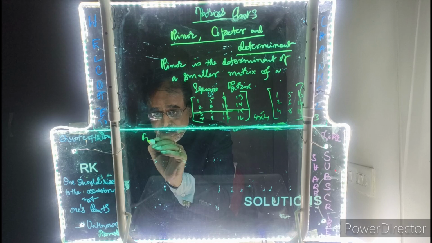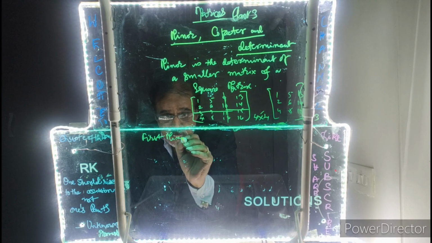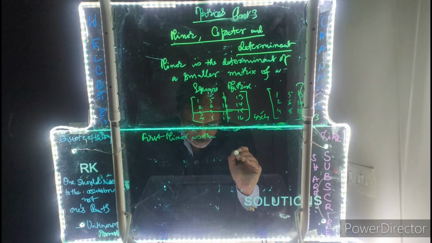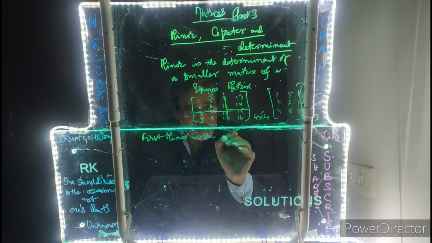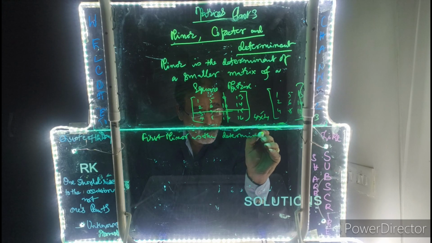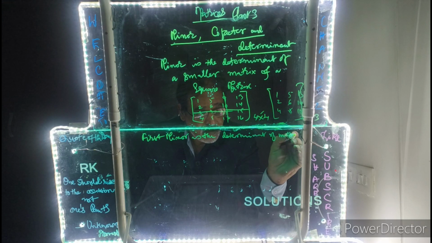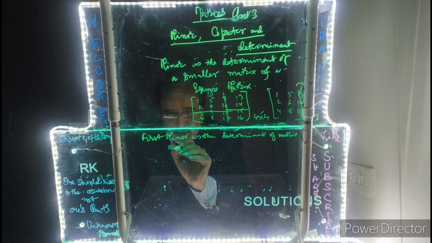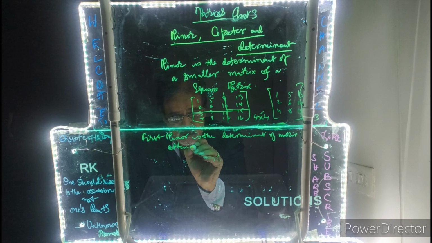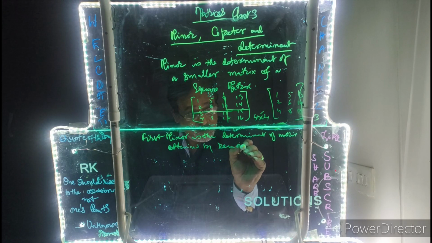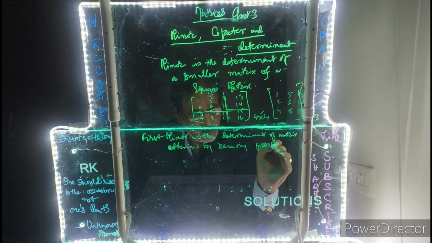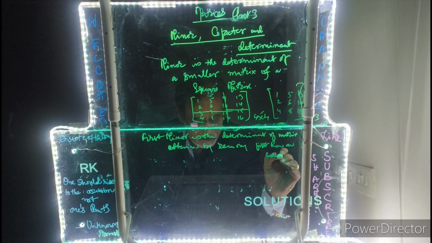Let's say first minor is the determinant of the matrix obtained by removing the first row and column, just one row and one column.